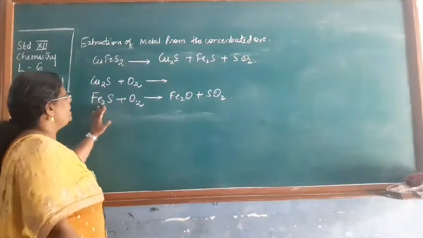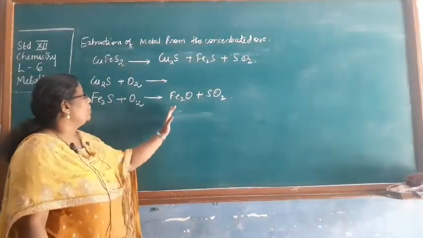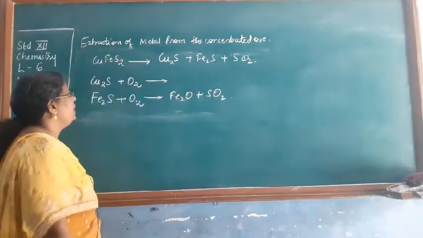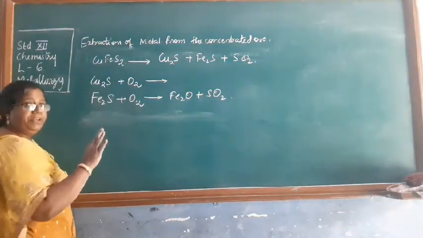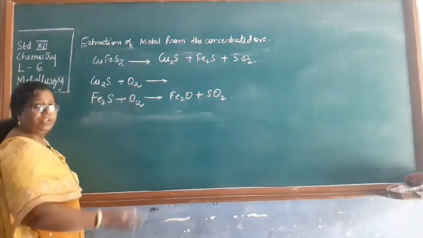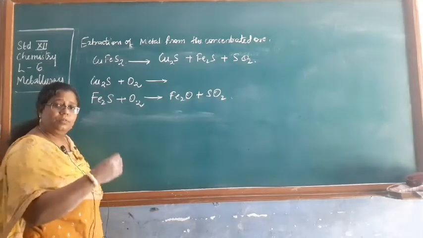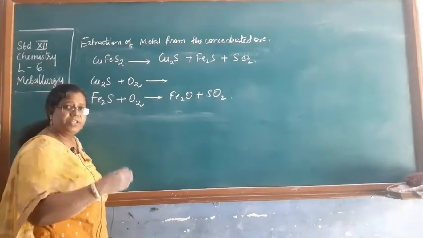So, Fe2S will react with O and give you FeO. Now you have obtained FeO. Now it is ready for the reduction process.